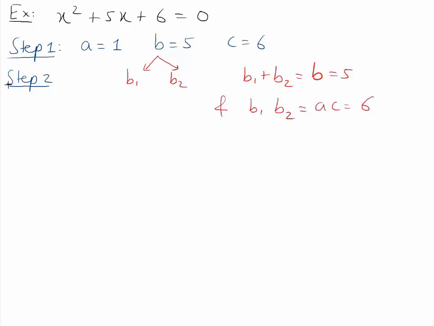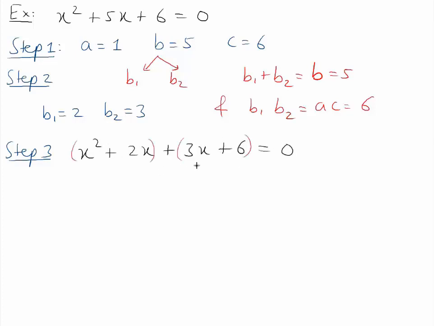By observation we can see that b1 and b2 can be 2 and 3. We can also take 3 and 2. Both will work just fine. Now that we have the values of b1 and b2, we can split the middle term of the quadratic and then factorize.